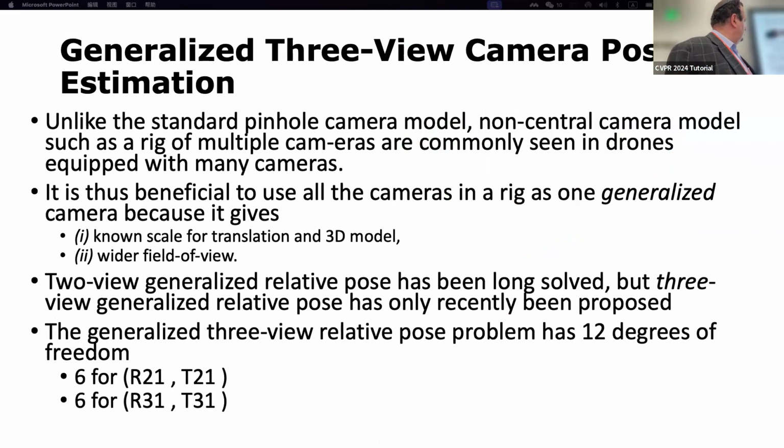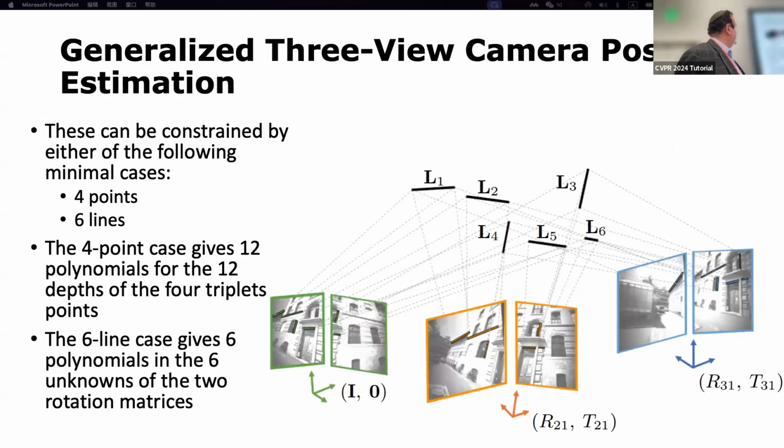To do this with a 3-view generalized system, you have 12 degrees of freedom. There are two kinds of scenarios that come up. You either do it with 4 points or with 6 lines. And when we consider this, we are again left with polynomial systems that are 12 polynomial equations in 12 unknowns, or 6 in 6 unknowns.